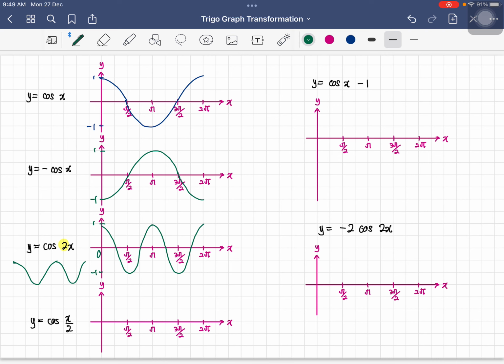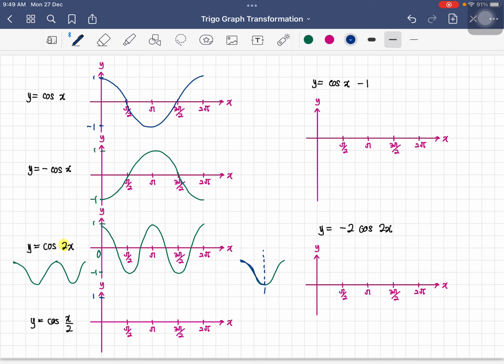What about cos of x over 2? That means you'll have half a cycle. If this is, for example, 1 cycle of x, you're going to have half of it only, from this to this, within 0 until 2 pi.